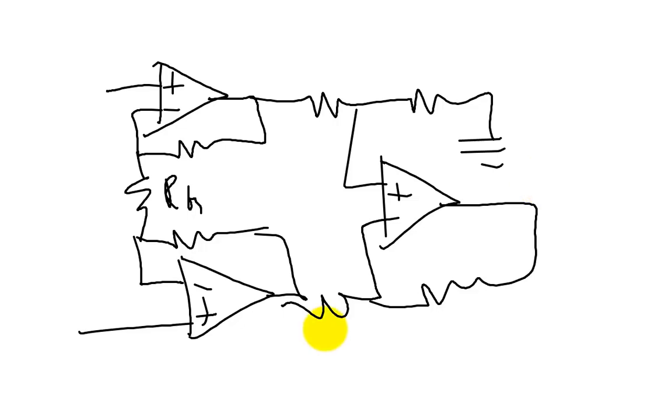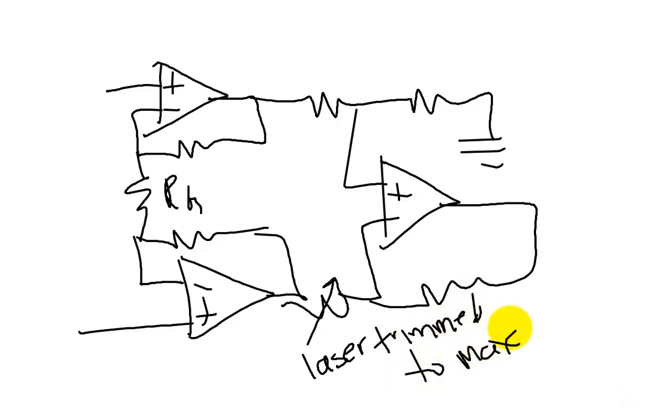And this guy here is laser trimmed to get maximum common mode rejection ratio. That's typically how this happens. You can't build this out of parts. It'll be really, really crappy. Okay? But that's essentially what's going on in there.